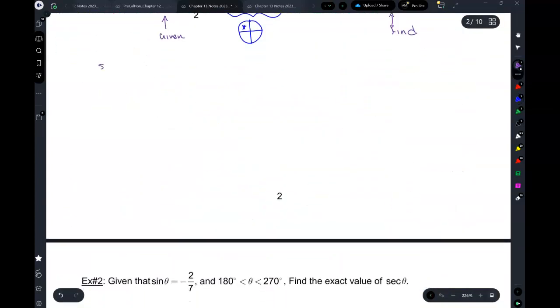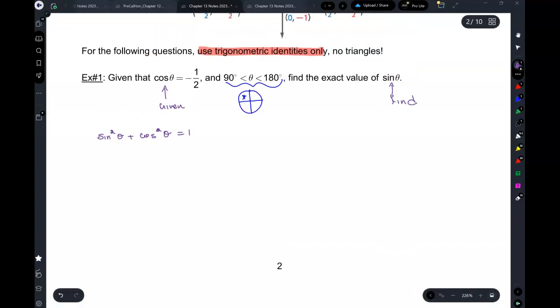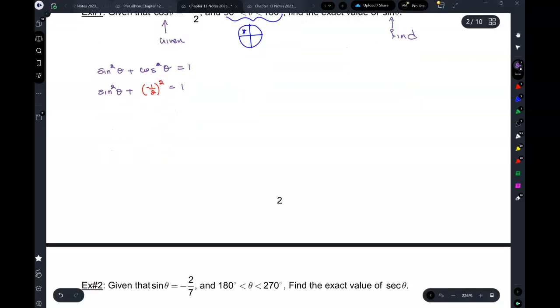So we say sine squared theta plus cosine squared theta is equal to 1. I'm given cosine theta, correct? So sine squared theta plus, what was cosine of theta? Negative a half, but it's squared, equal to 1. Now I need to find sine squared theta.